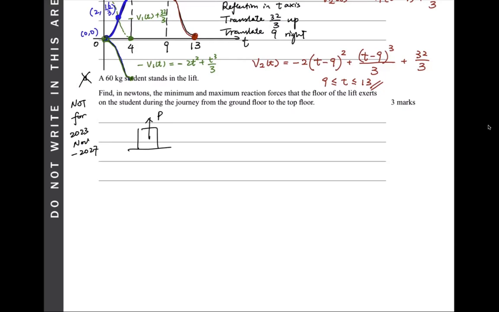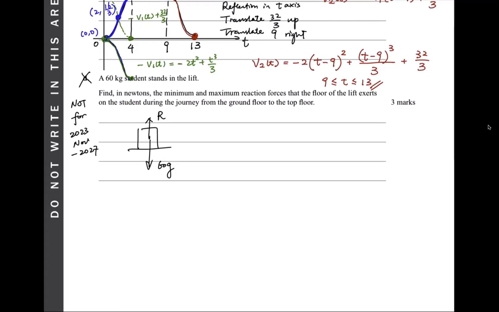There is a reaction force, there is a gravitational force for the student, 60g. And if it's going up, acceleration is up, then we have R minus 60g equals 60a. But we know this acceleration is changing with respect to time, okay?